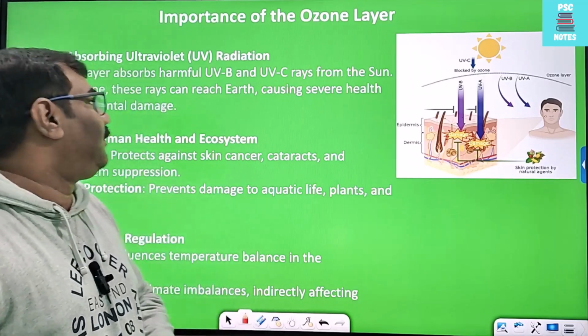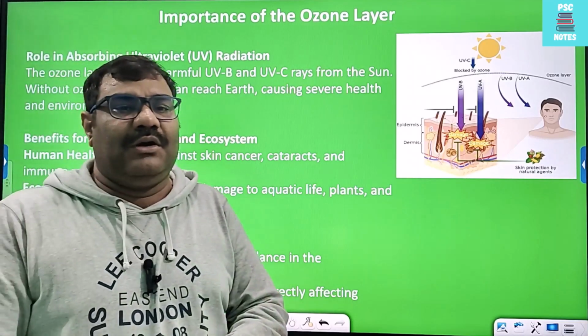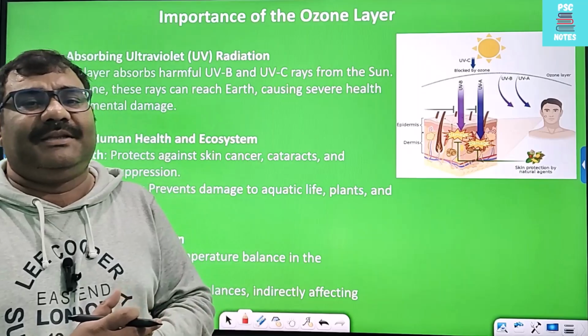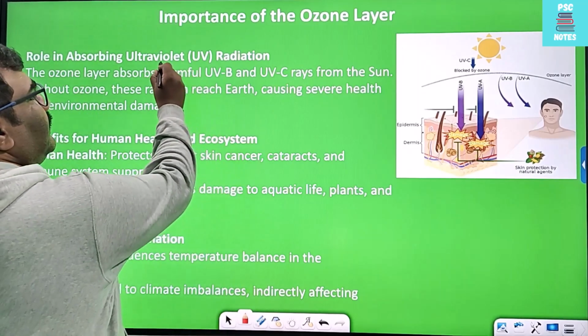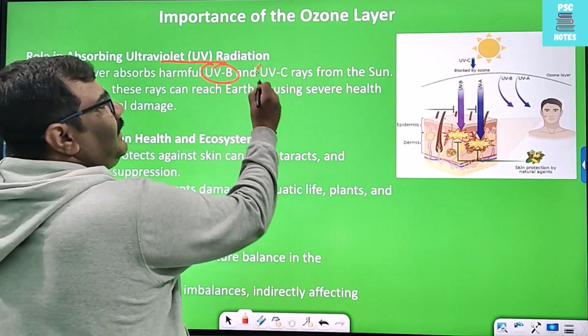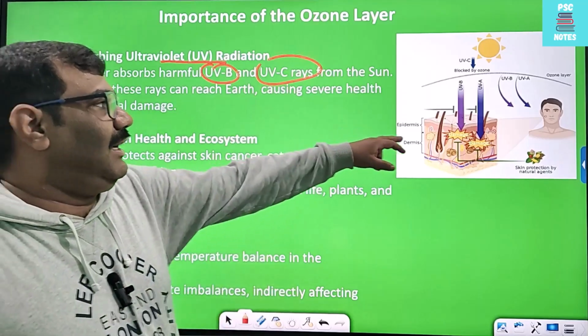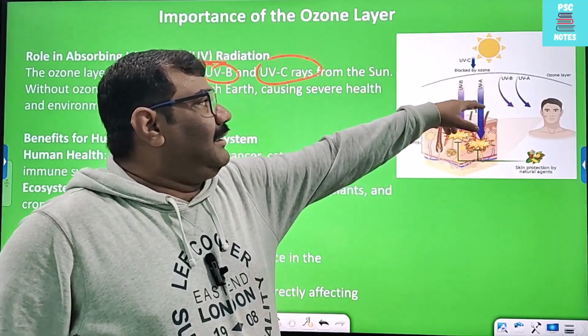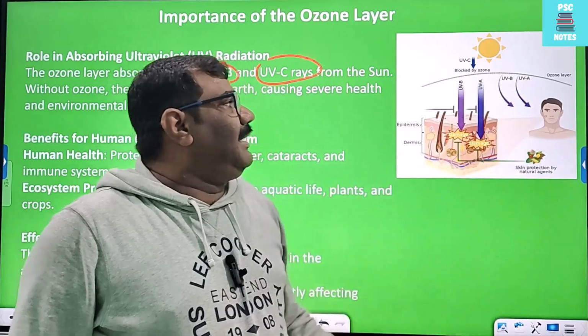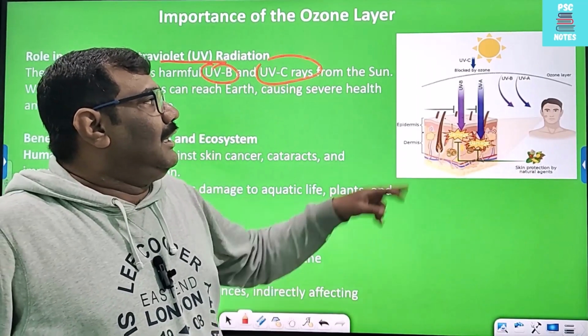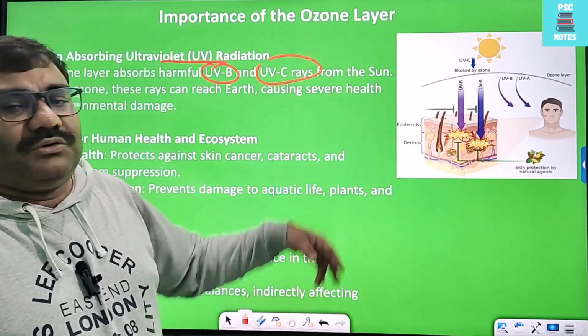So what is the importance of the ozone layer? The ozone layer helps in absorbing ultraviolet radiation. UV B and C rays are blocked by the ozone layer.